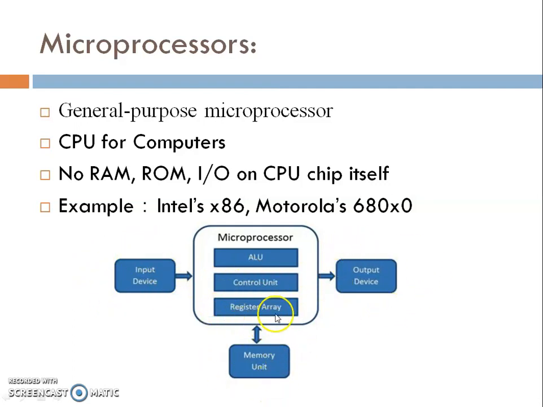The register array means temporary storage registers, used to store data temporarily. This is the basic block diagram of a microprocessor. The input device, output device and memory are peripheral devices, otherwise external devices, of the microprocessor.